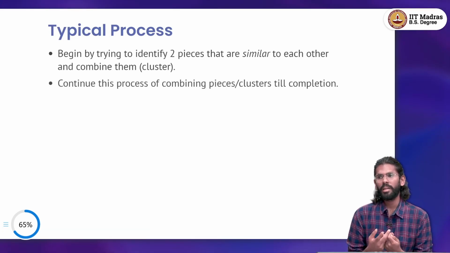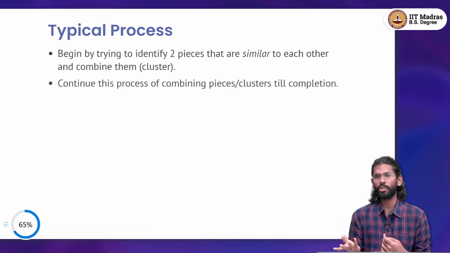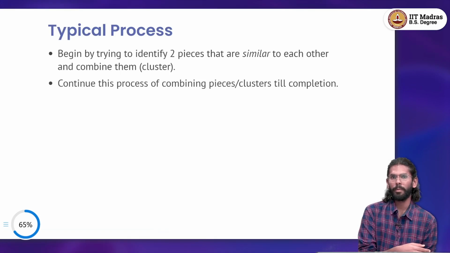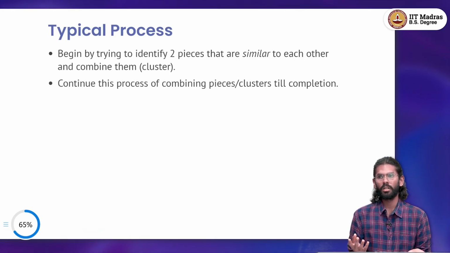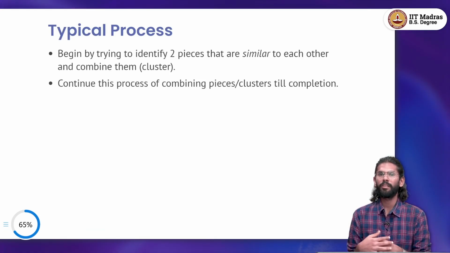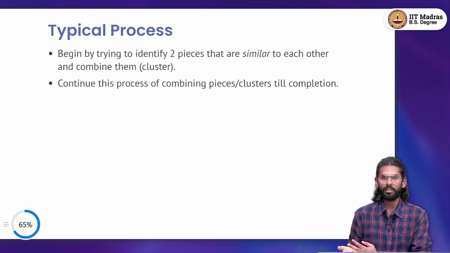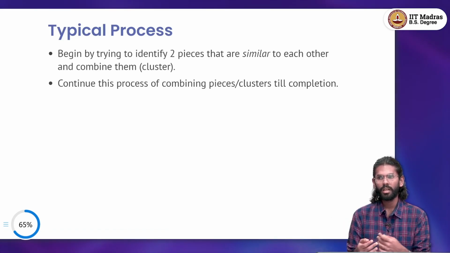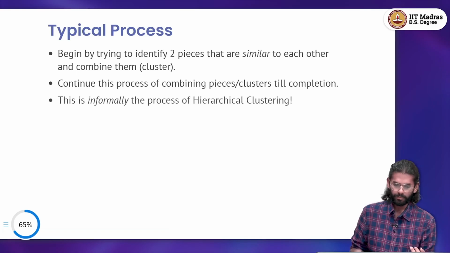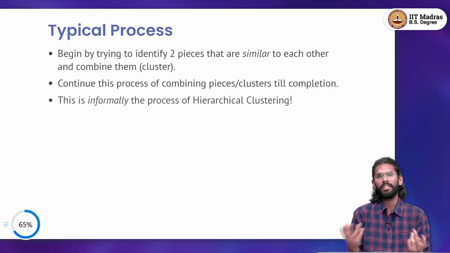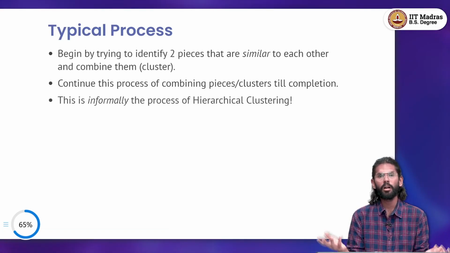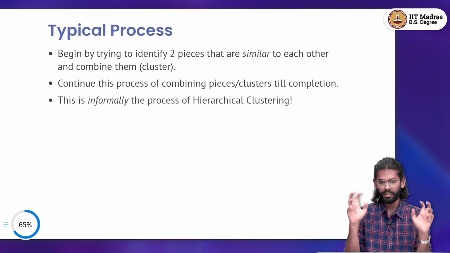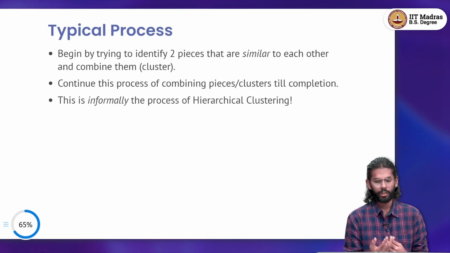Then perhaps you may find another piece that you would want to join to the same pair that you already made, or else you would have found some other two or three pieces which are similar to each other, and you would cluster them. And if you keep going on with this process, at the end you would have combined all of them into one single cluster, and that would be the solution to your puzzle.